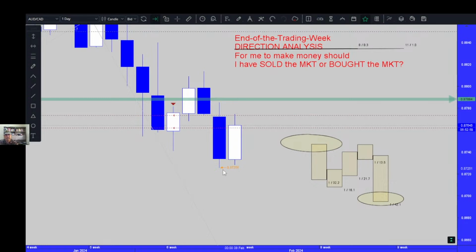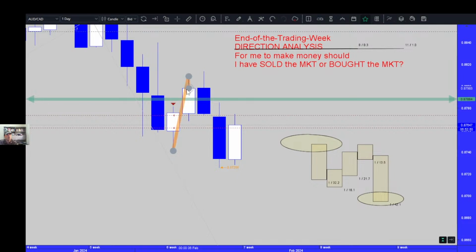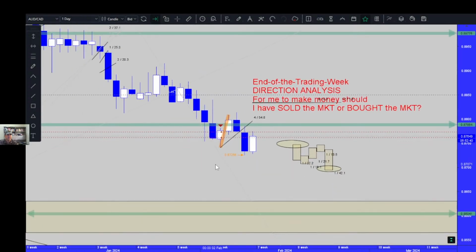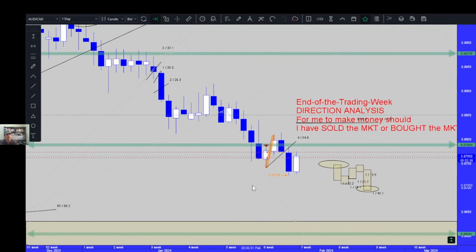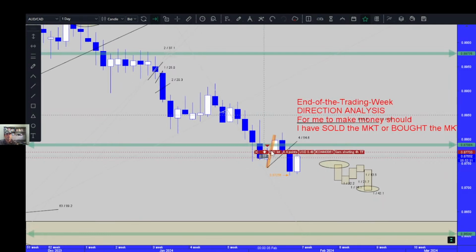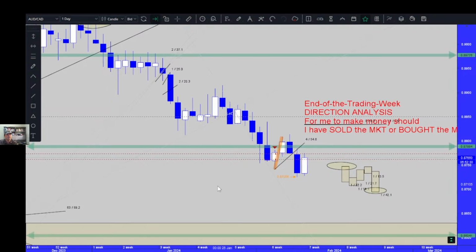Alright, Broto says sell too. So short term, Monday and Tuesday you could make some money buying, but talking about direction, it was shorting the market. Exactly, the big picture didn't change.